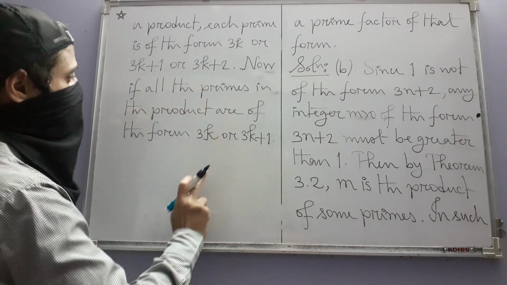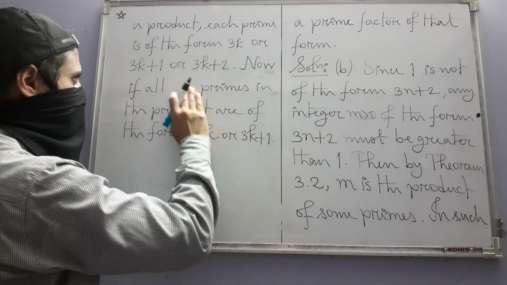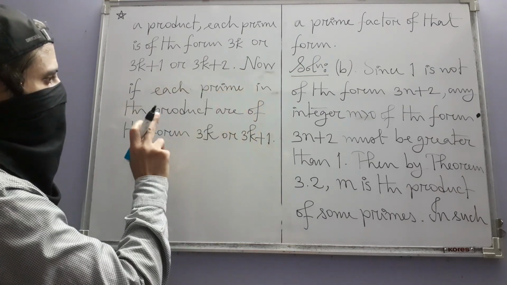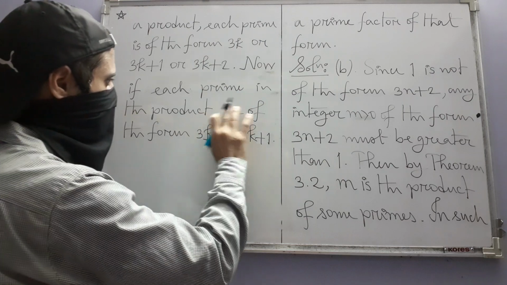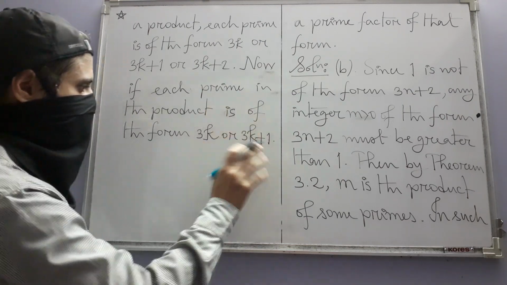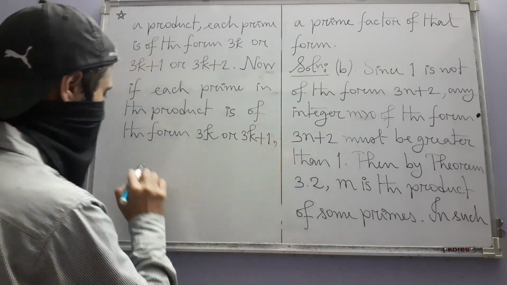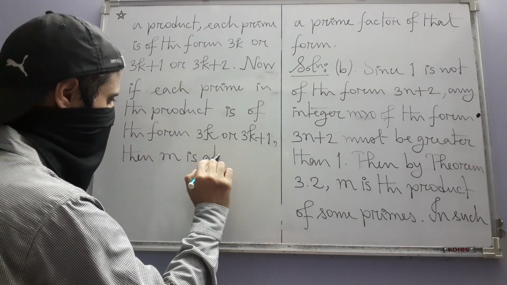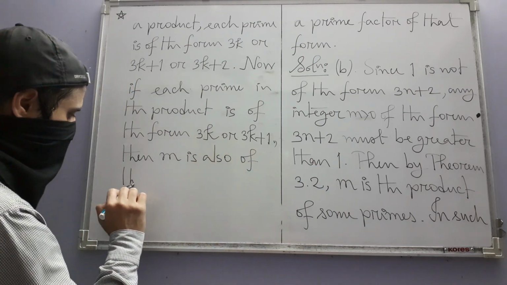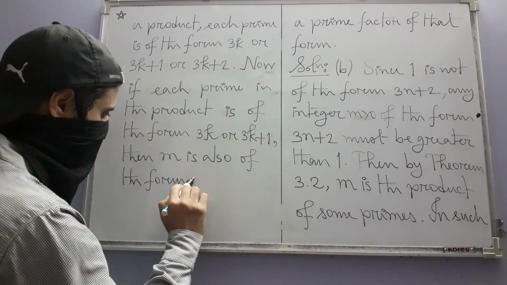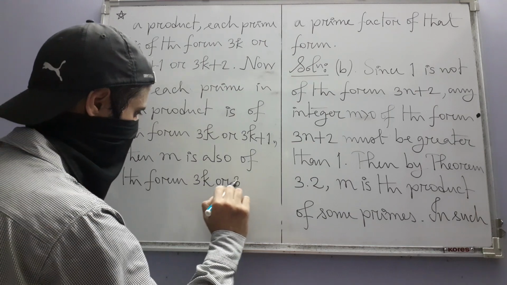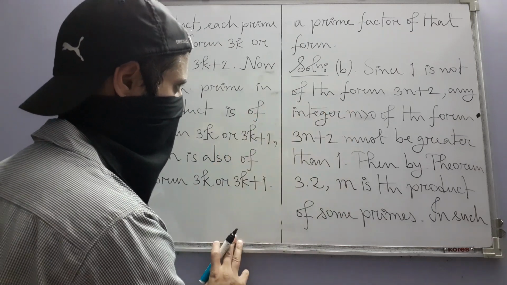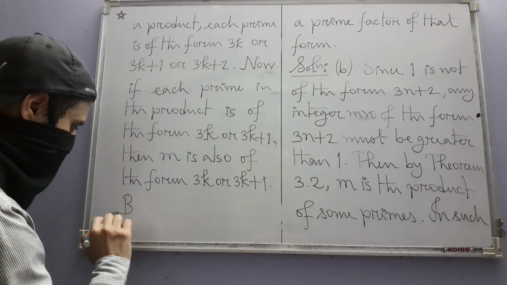Now if each prime in this product is of the form 3k or 3k plus 1, then m is also of the form 3k or 3k plus 1, but that cannot be because it's given that m is of the form 3n plus 2, but that is not possible.